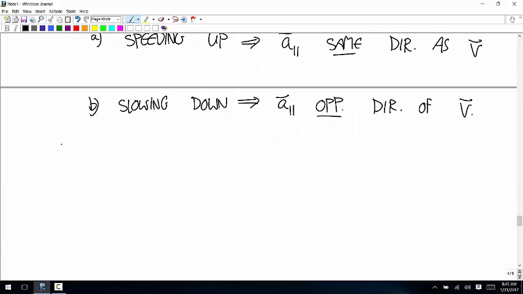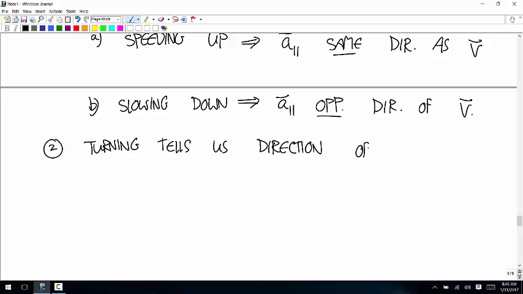And second, the turning tells us the direction of the part of the acceleration that's perpendicular to the velocity vector. I'm going to call that A perpendicular.